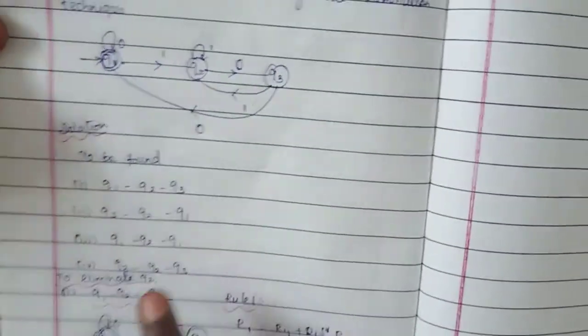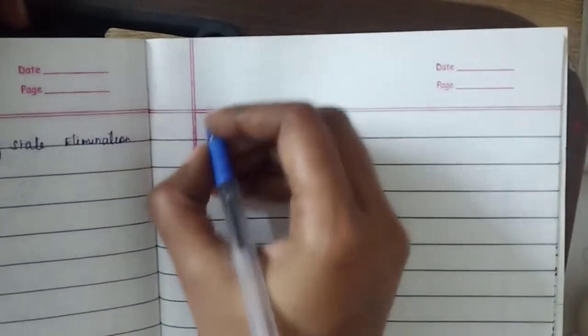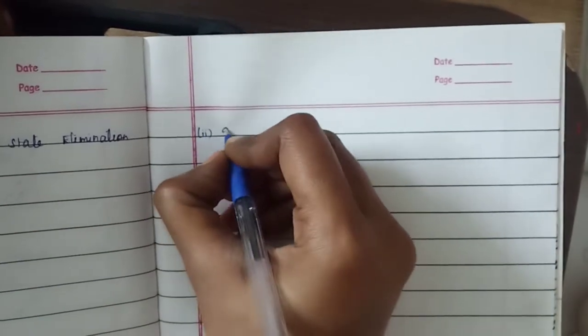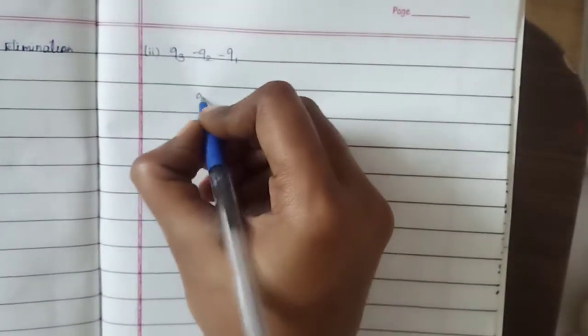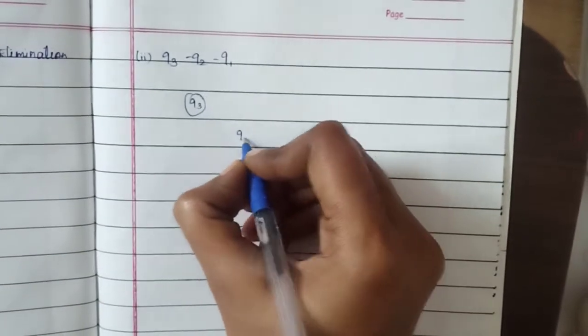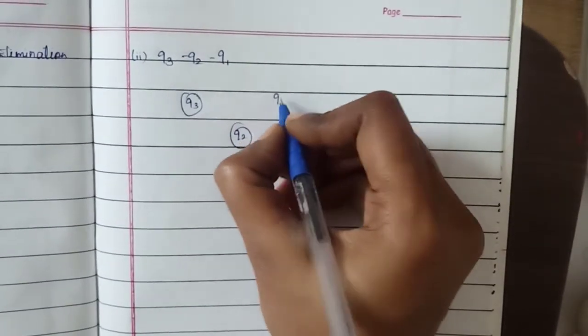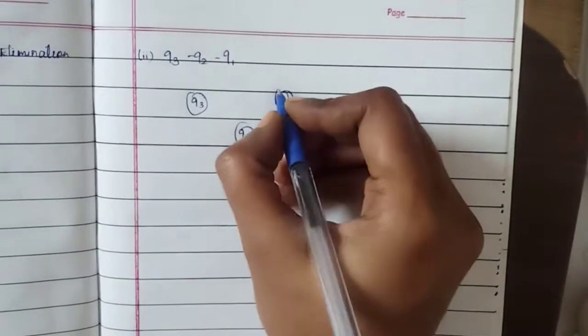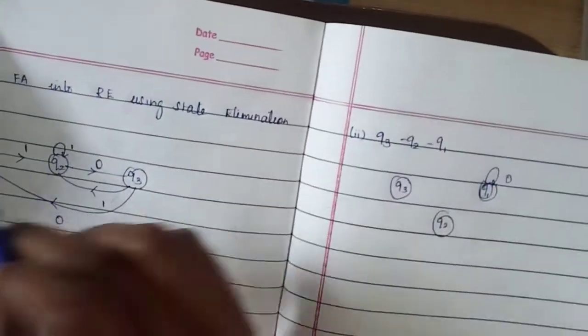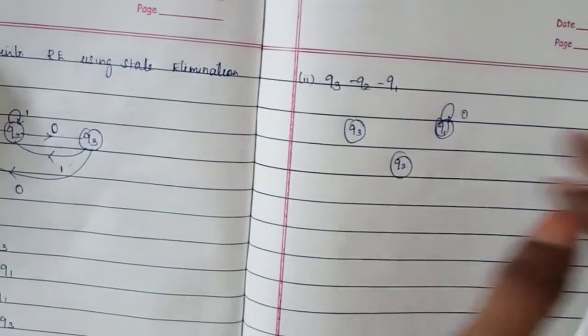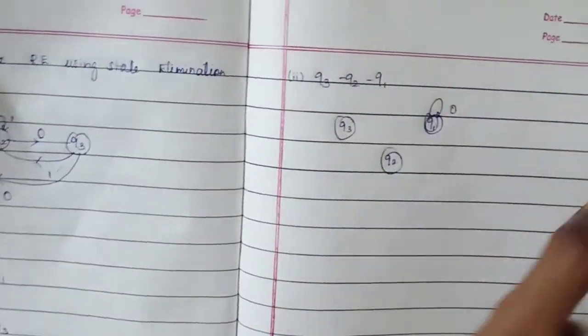Now we go for the second case, which is q3, q2, q1. By referring to the transition diagram, it looks like this: q3, q2, q1. Q1 has a self-loop on 0. We have to redraw as per this transition.